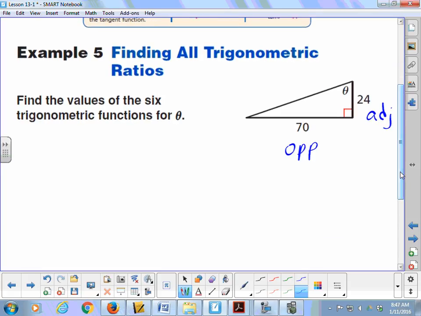So how do I find the hypotenuse? Okay, the Pythagorean theorem. So a squared plus b squared equals c squared. And the hypotenuse is always c. So we can go ahead and put in 24 and 70 for a and b.